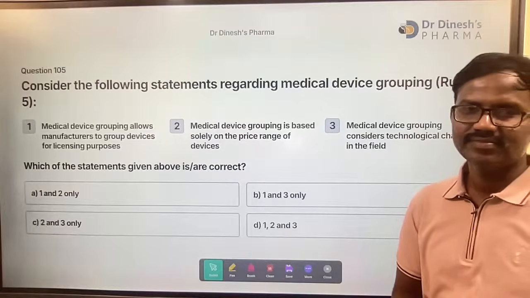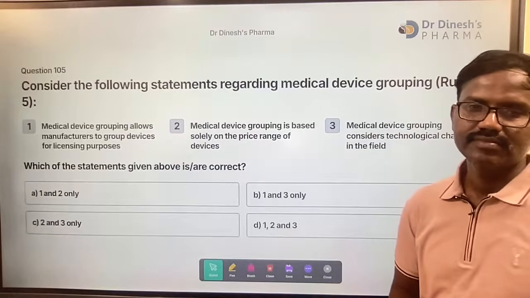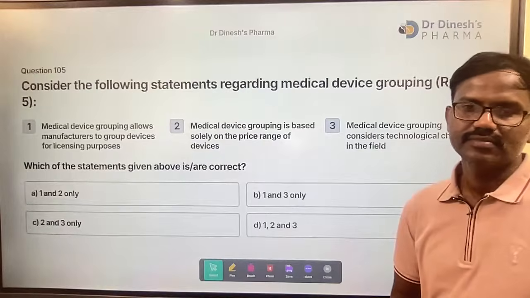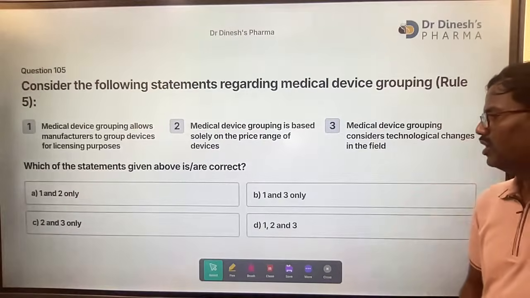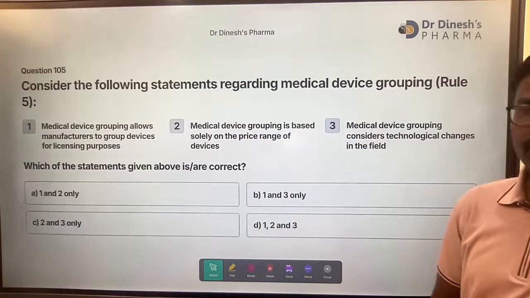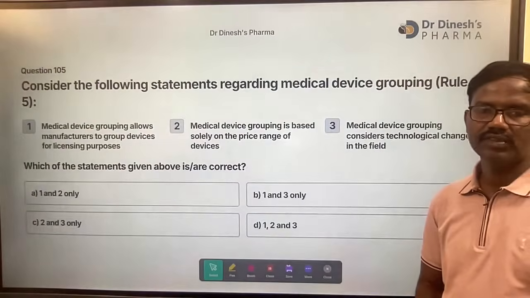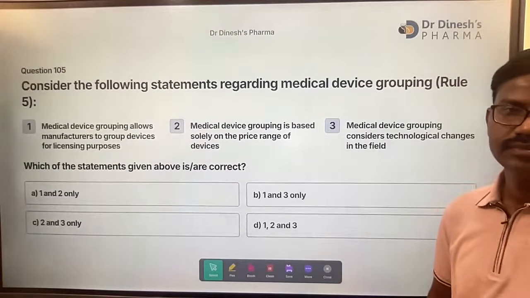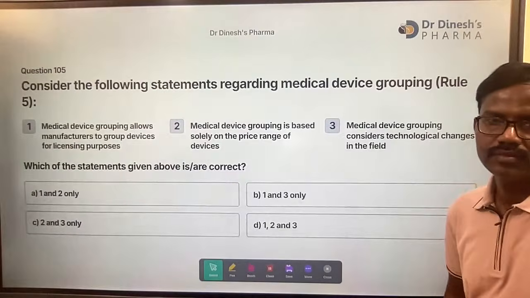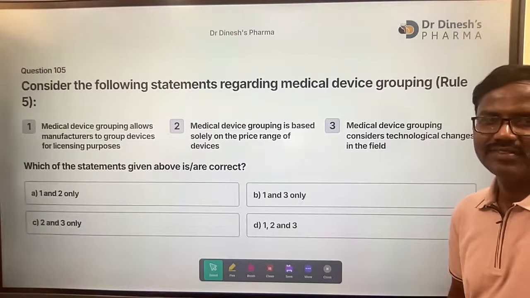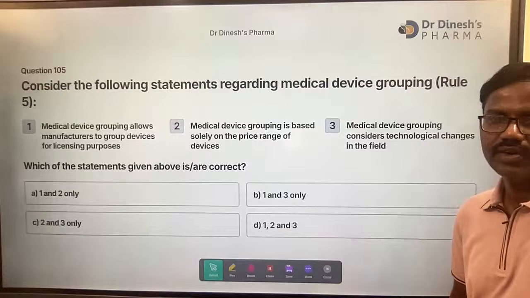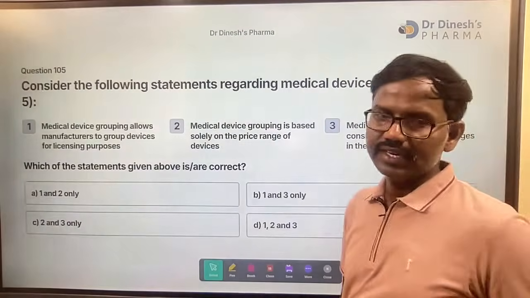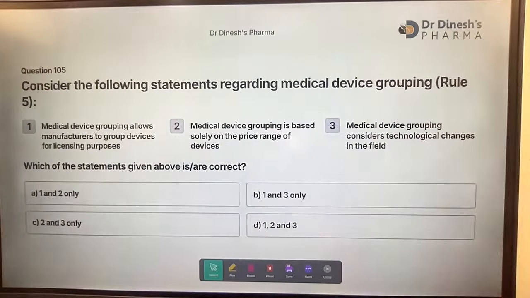Answer. One and two only, 1 and 3 only, 2 and 3 only, 1, 2, 3. Which one is correct? Unable to answer? 1 and 3. Okay, excellent, right? So very good.